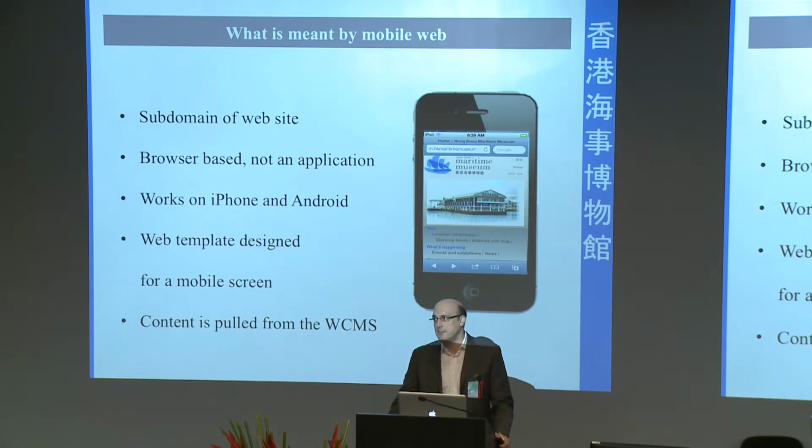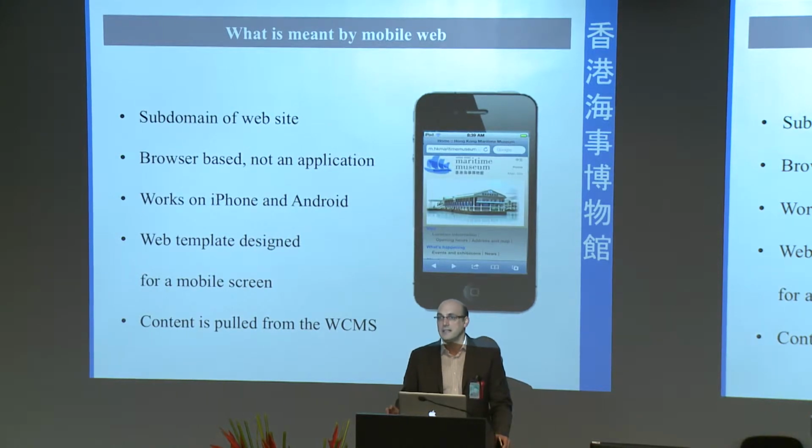One of the things that appealed to me about going with a mobile web strategy, like Linda mentioned, is that this is not dependent on a specific platform. It works on the iPhone, it works on the multiple Android platforms, and any smartphone or device that has a browser that connects to the internet, this will work on.